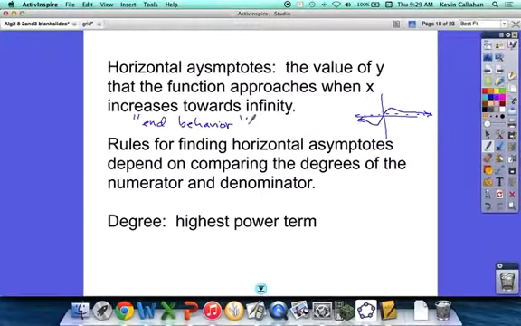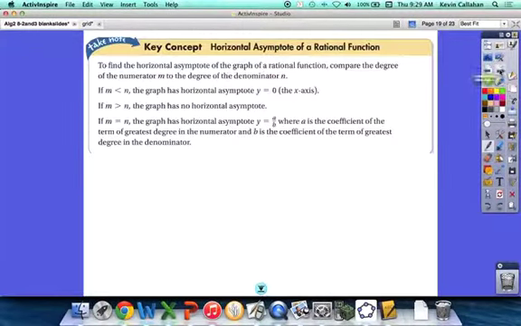It all depends. We've got a polynomial in the numerator and a polynomial in the denominator. It's going to compare the degrees. Remember what we mean by the degree: the highest power in the numerator, and the highest power in the denominator. So here we go.